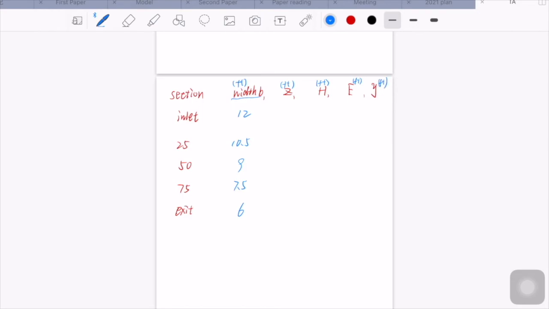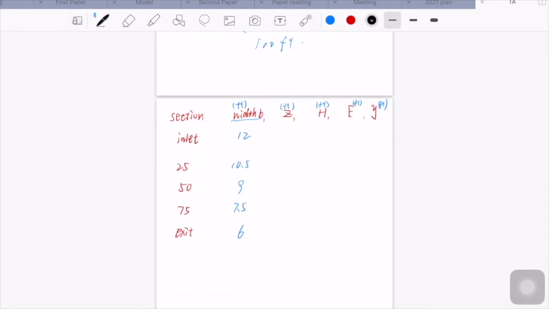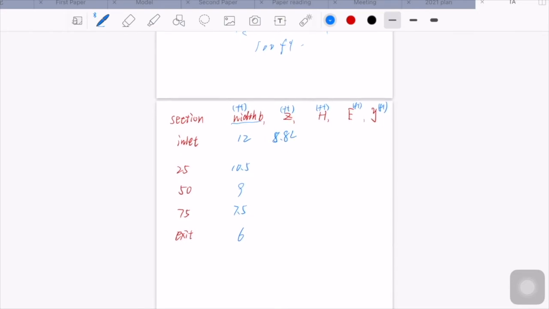And for the Z, since we know the channel bottom height at the inlet, ZI is 8.84 feet, and we also know the length of the transition is 100 feet, so we can determine the bottom elevation at other sections. The value for the inlet, Z is 8.84 feet.